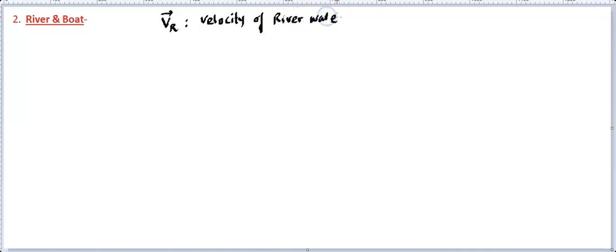With respect to what? I'm not writing another subscript, that means it's with respect to ground. That means if you are on the bank of a river and you just watch the water flowing, whatever velocity you are going to get, that's going to be the velocity of river with respect to ground.